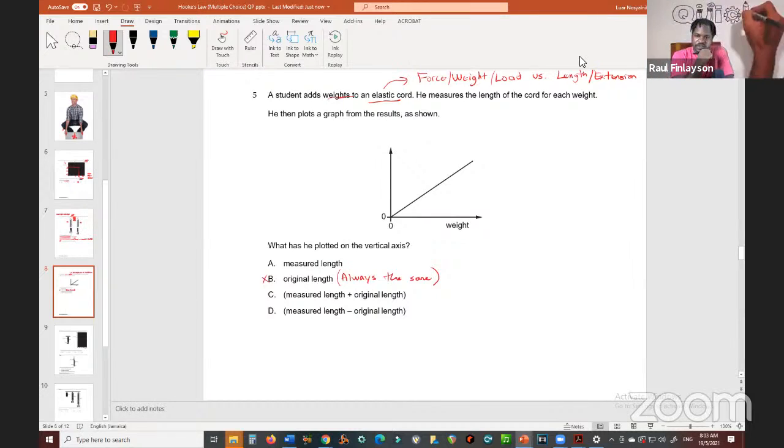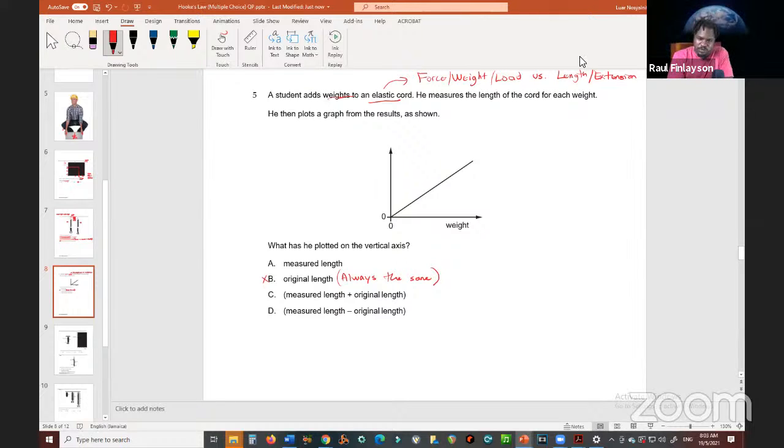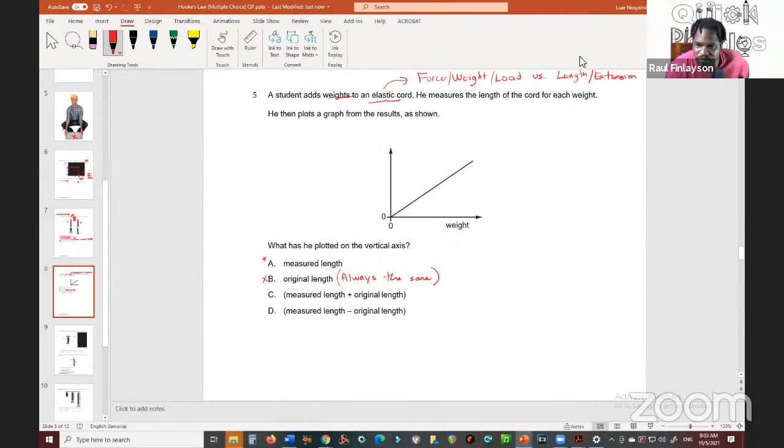This is actually a close question, but it's easy to tell the difference between C and D, though it is a possibility. If the length is increasing, it actually starts from 0 here.